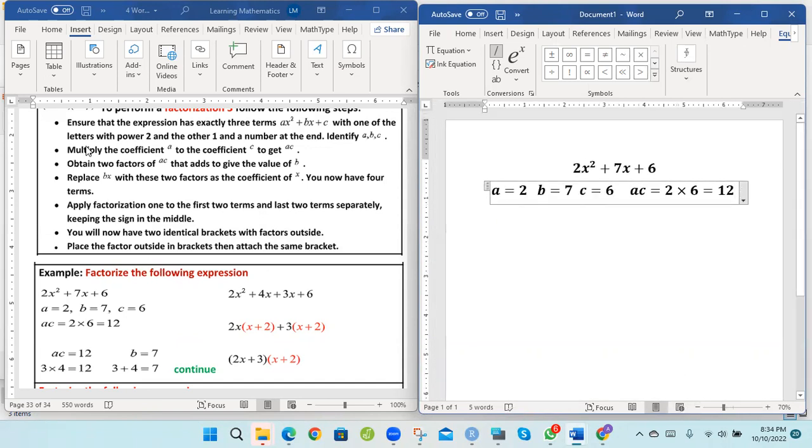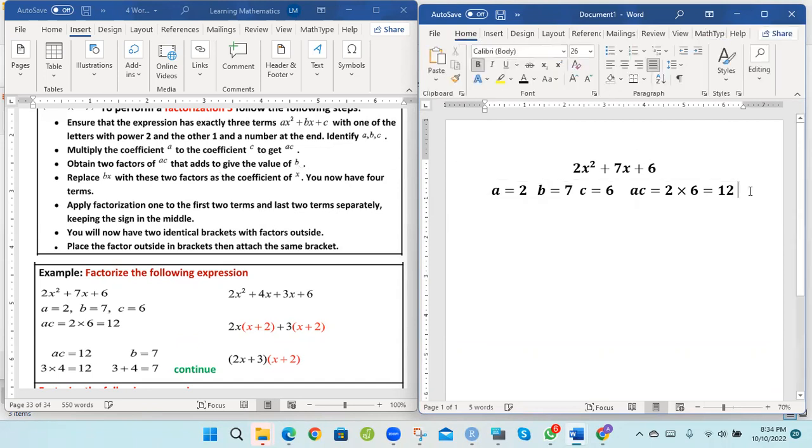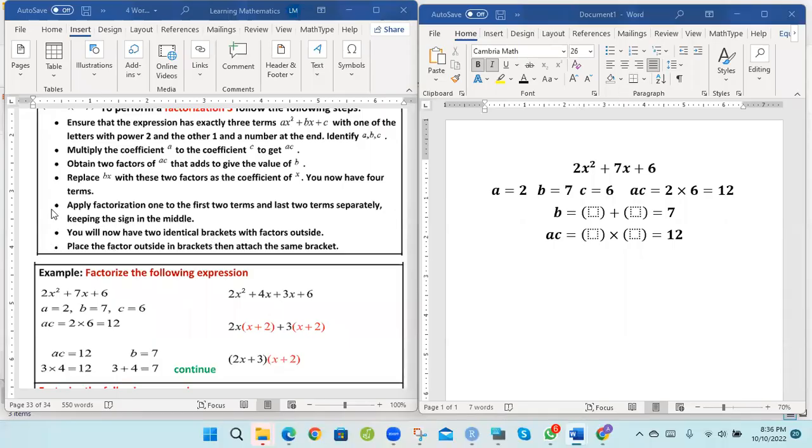So this is what this step is saying, multiply a times c. Now we have to obtain 2 factors of ac that add to give us b, 7. So now there are different ways of doing that. So these steps say you must find 2 factors of ac, factors meaning 2 numbers that multiply to give you 12. And those very same numbers have to add to give you 7.